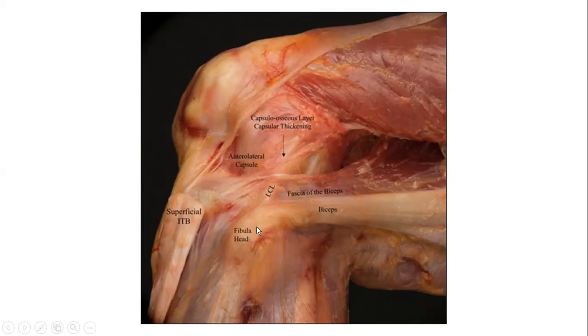When you're scanning, you look for the biceps and IT band, and of course you have to have a little different placement to be on each structure. You'll be a little posterior for the biceps tendon, and the biceps tendon is easy to scan because you can palpate it so easily.